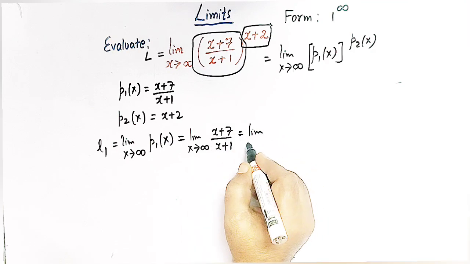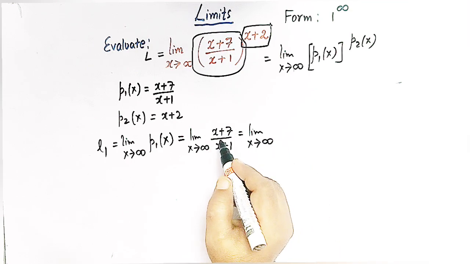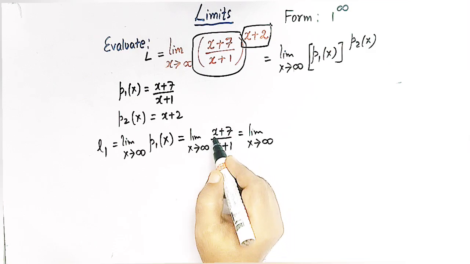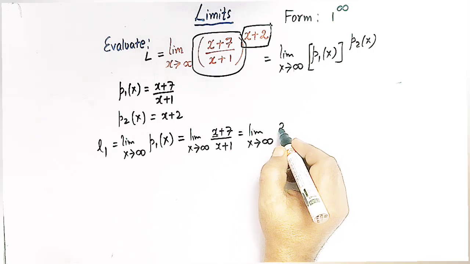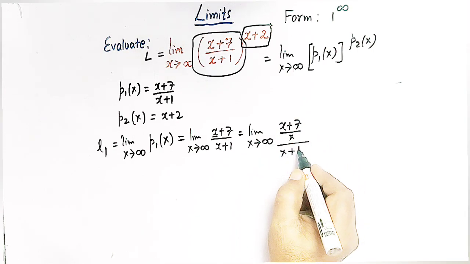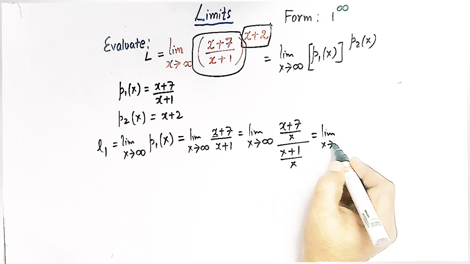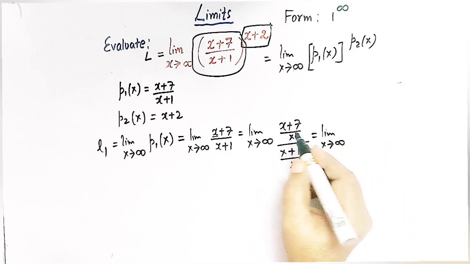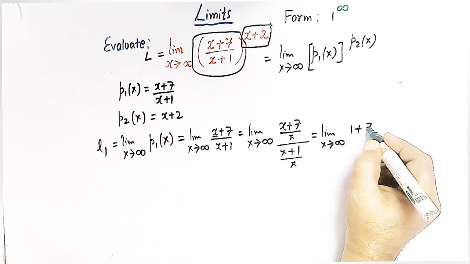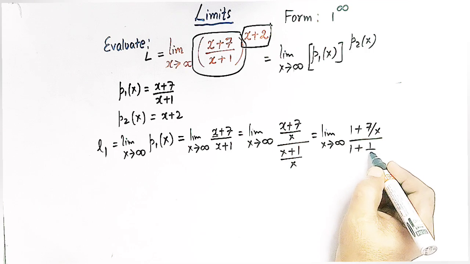We know how to calculate the limits of rational functions. When x approaches infinity, we divide the numerator and denominator by x. So we have (x plus 7) over x, and (x plus 1) over x. Now we can write this expression as (1 plus 7 over x) over (1 plus 1 over x).